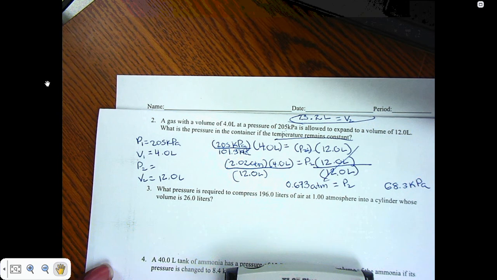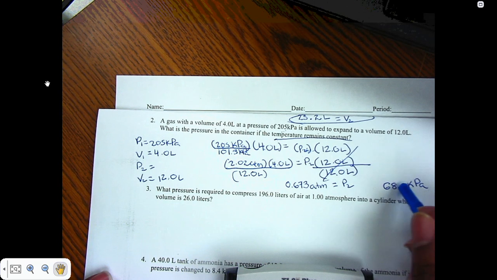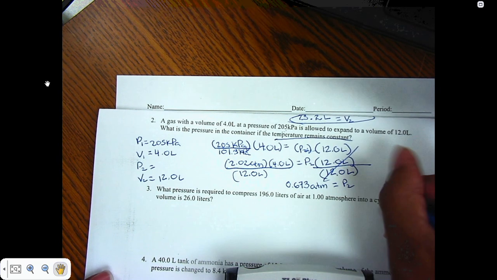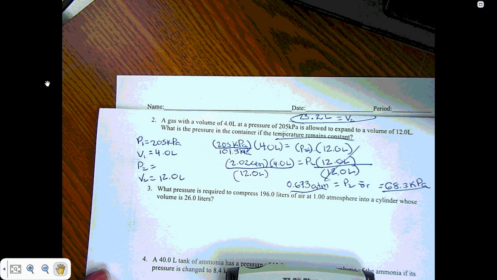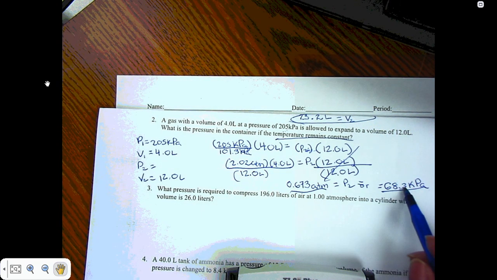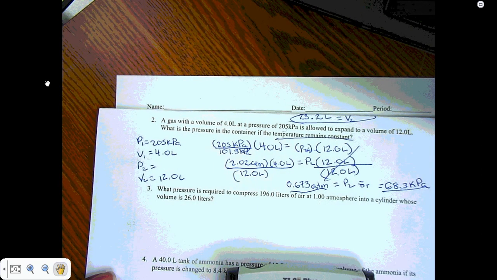In fact, if you wanted to compare that, you would simply divide this value by 101.3 to get what the conversion is in ATMs. So either of these would be fine, depending on what the question was asking for. If it wanted the pressure in kPa, you could express it using that. If you wanted ATM, you can express it using that. They're very similar. So that completes our instructions on Boyle's law. I'd like to get ready to proceed to our next part, which is going to definitely deal with Charles' law.